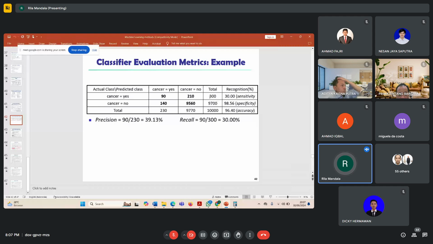What is the simplest way to make it balance? For now, the important thing that we should know is to get a better result, we must have a balanced data set for the training.